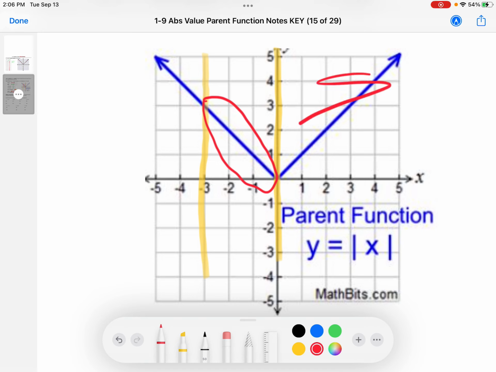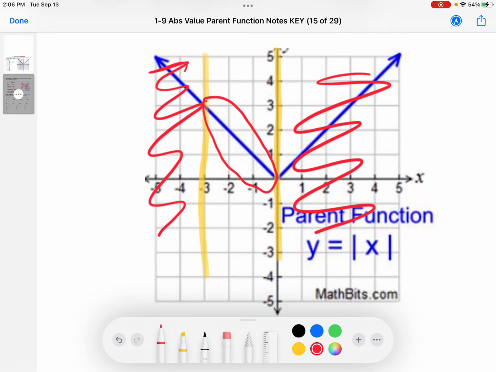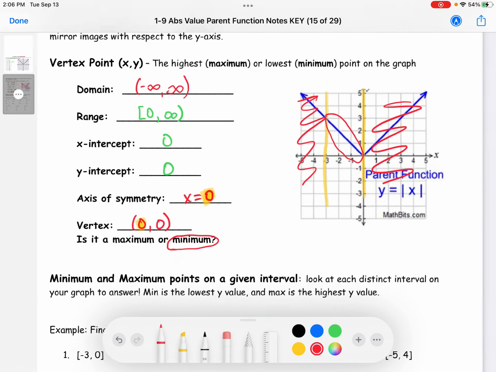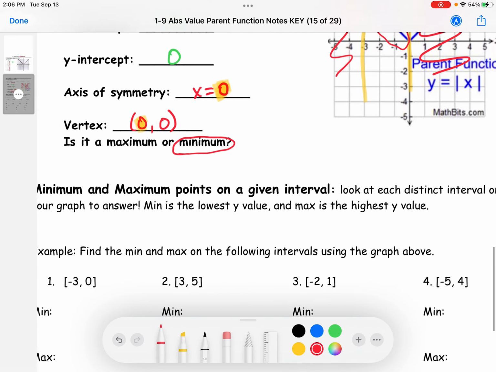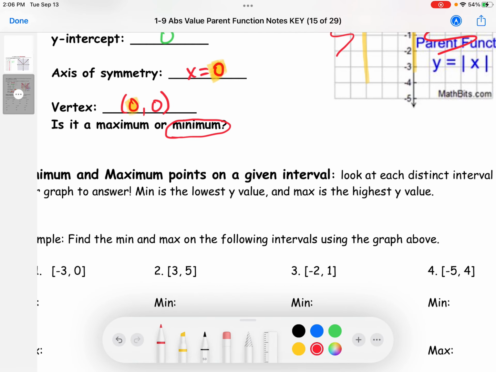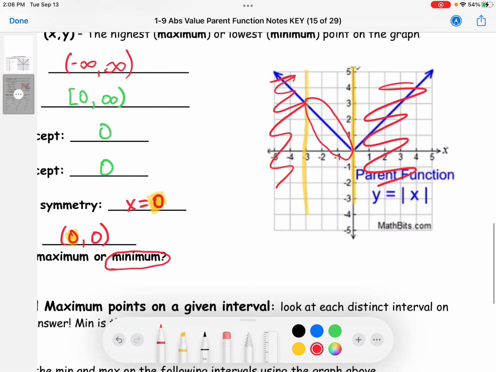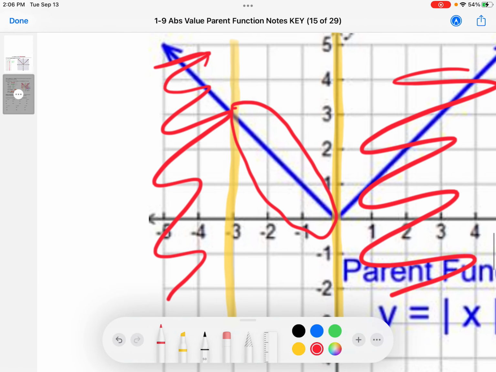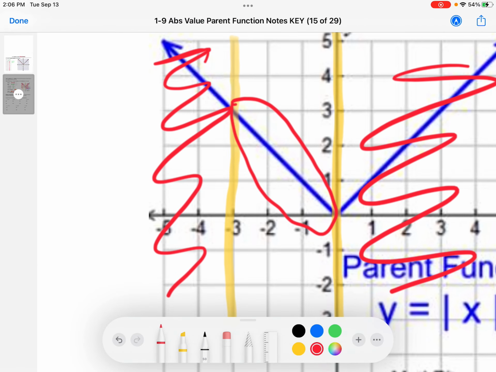We do not care about the rest of this for the purpose of problem number 1. We are only interested in this middle piece. It is asking the question, what is the minimum and maximum value on that interval? It's talking about the y value. So what is the lowest y value and what is the highest y value on this chunk?